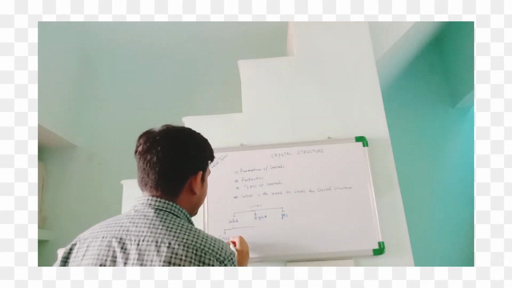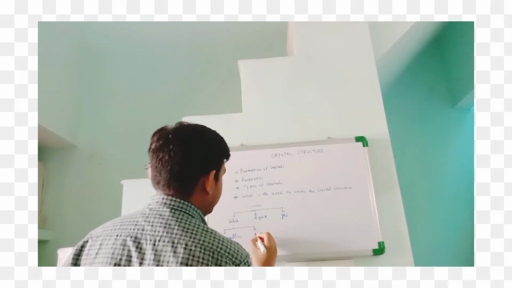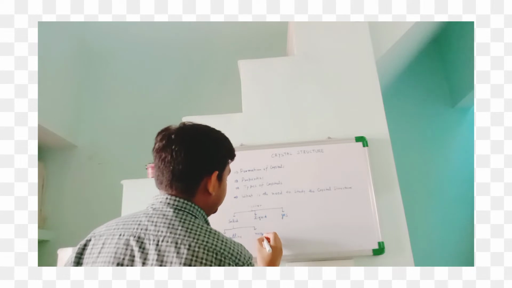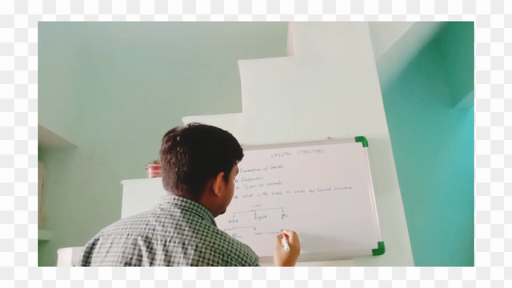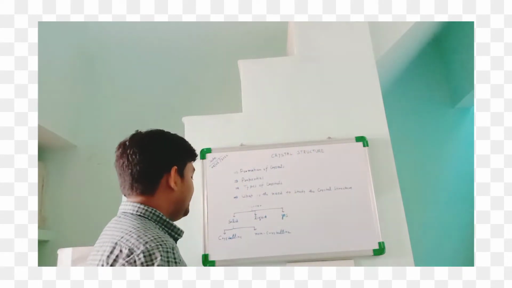And these solid materials can be classified into crystalline and non-crystalline. Basically, the crystalline materials are those materials which have the regular or periodic arrangement of atoms and follow a certain geometry.